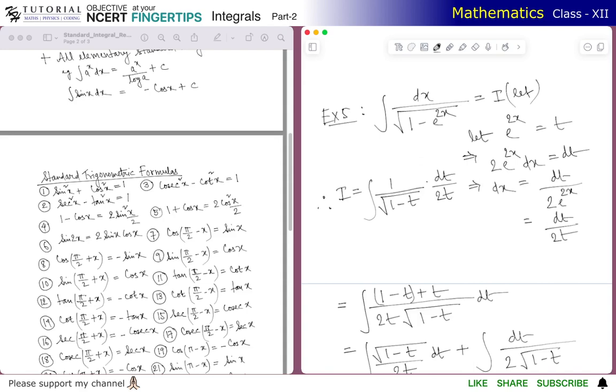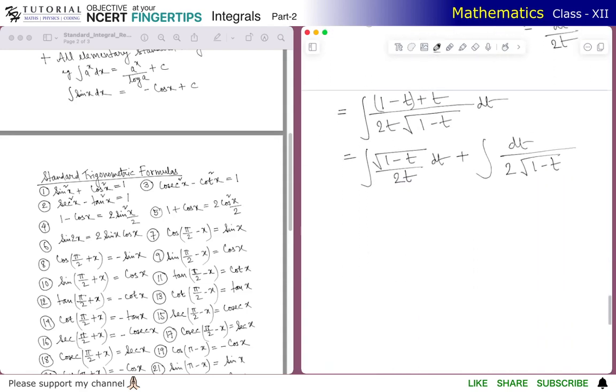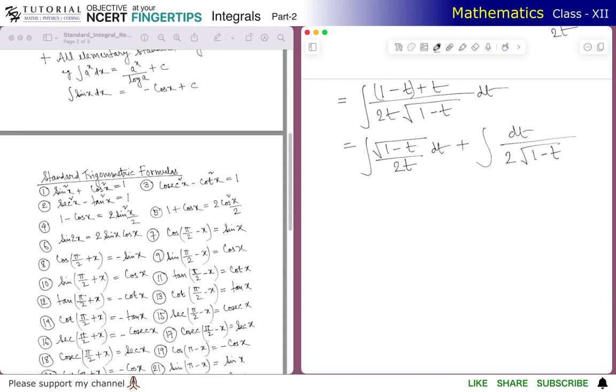This becomes 1 minus root t square t. Let's see what happens. Let's say this is I1 and this is I2.